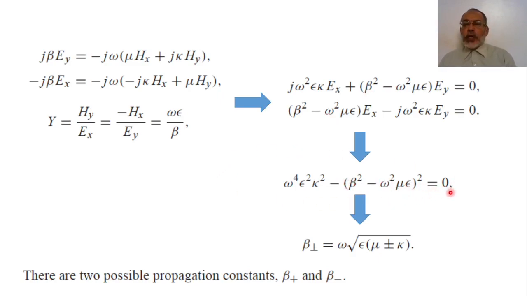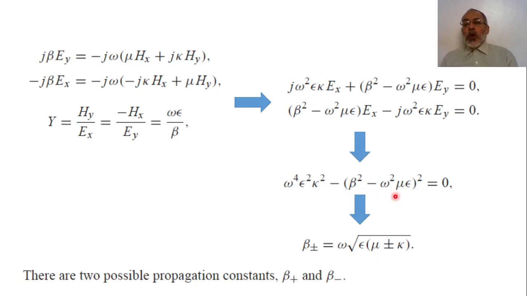This is the characteristic equation or the eigenvalue equation for the propagation constant of the plane wave inside the ferrite medium when the plane wave is propagating in the direction of the DC biasing magnetic field.